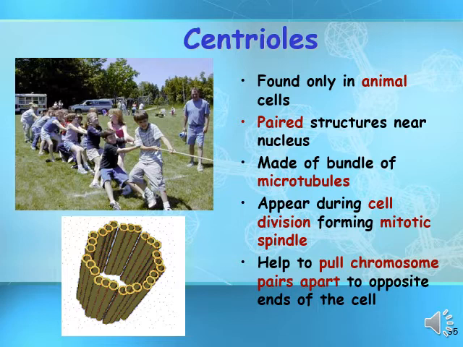Chromosomes are pulled to each pole of the cell by these centrioles, enabling division of living eukaryotic cells.